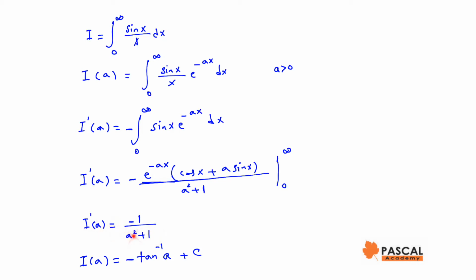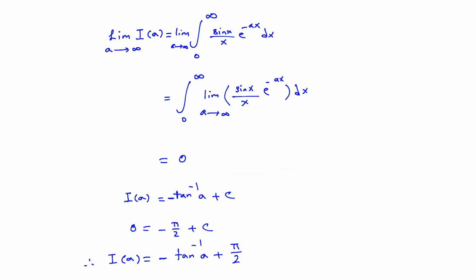Since I prime is equal to negative 1 over a squared plus 1, I(a) would be negative tan inverse of a plus a constant. The limit of I(a) as a approaches infinity is the same as the limit of this integral.